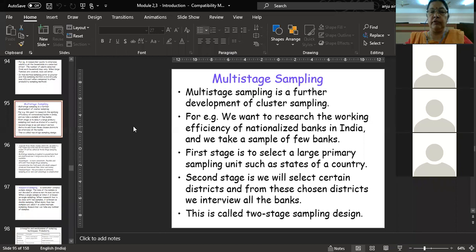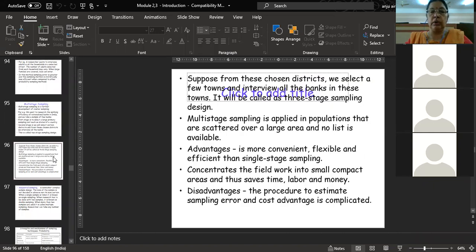So you will take few states in India. Then within the states, you will randomly select few districts. Then within those districts, you will randomly select few towns. Then within those towns, you will randomly select some national banks and see how they are working, whether they are efficient or not. So this is called as multi-stage cluster sampling technique.